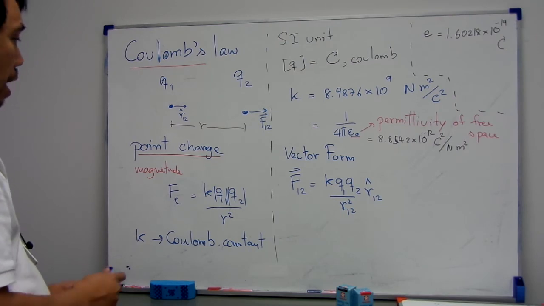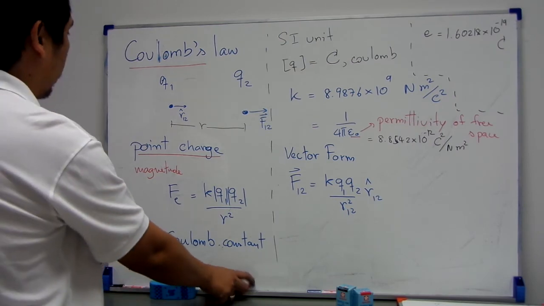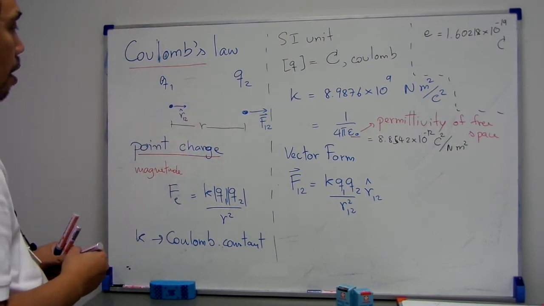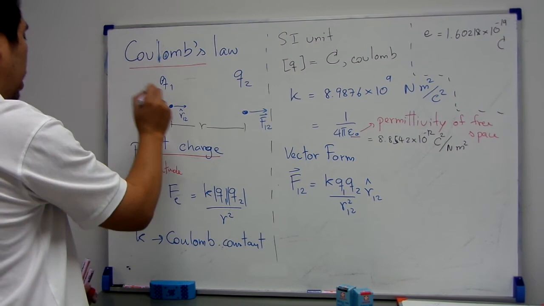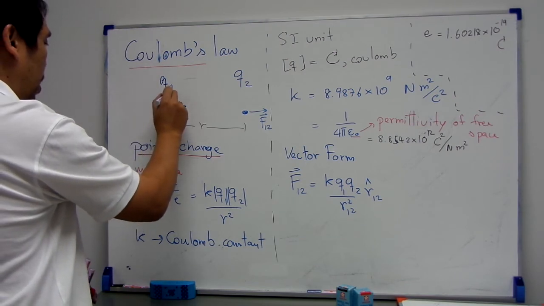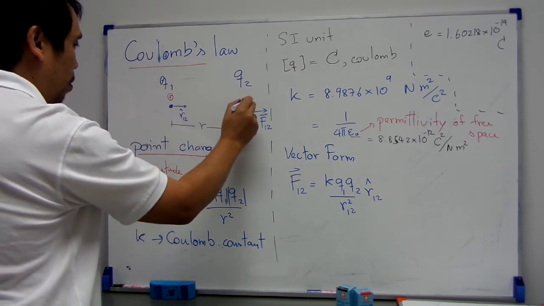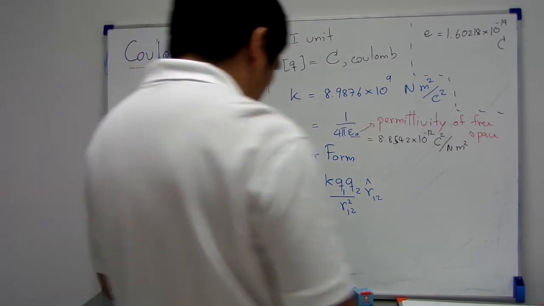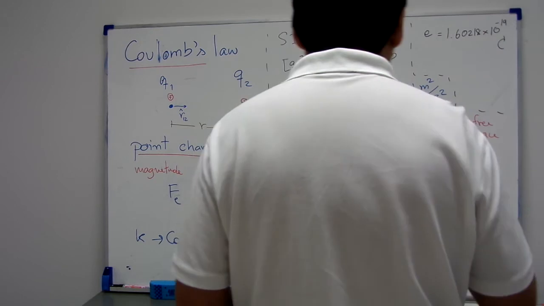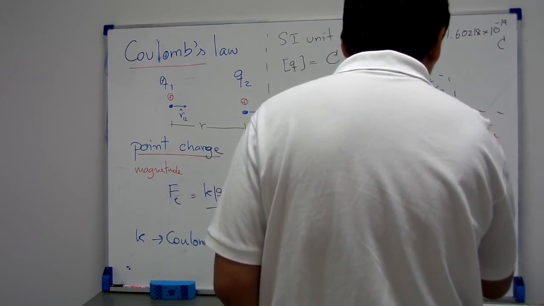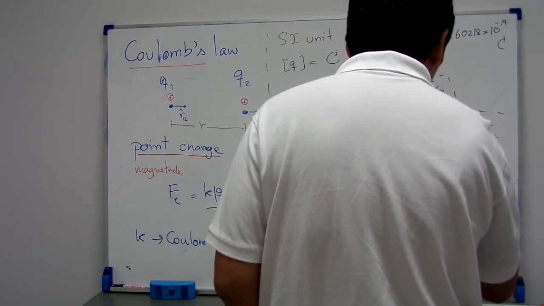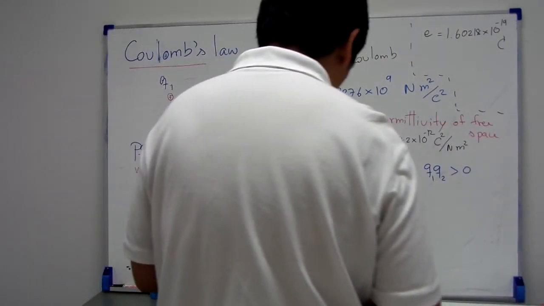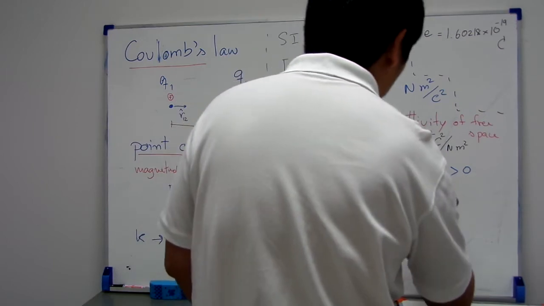F12. For example, if Q1 and Q2 have the same sign, if Q1 is positive and Q2 is positive, it means that Q1 times Q2 is positive.